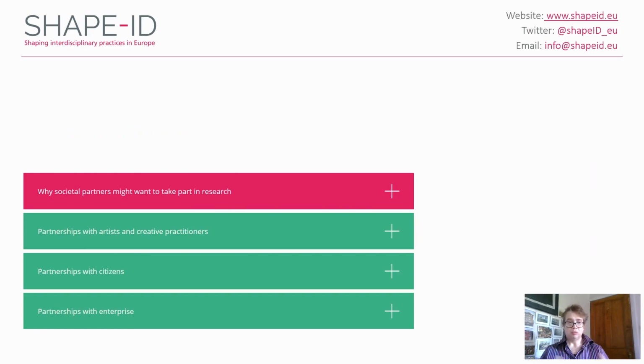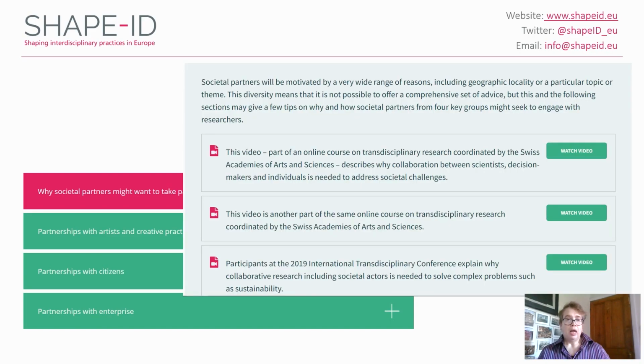And then it gives you what our web developers called an accordion. I hope you can read this text. It's a series of topics. And when you hit on the cross, next slide, please, you get a small snippet and a direct link to the resource. In this case, it's a series of videos about why societal partners would want to take part in inter and transdisciplinary research.